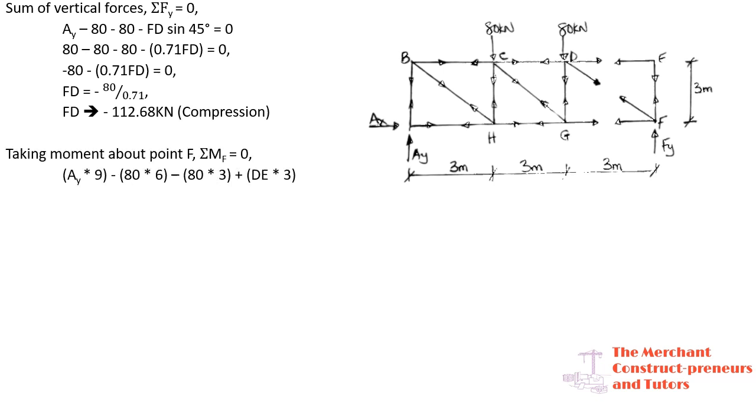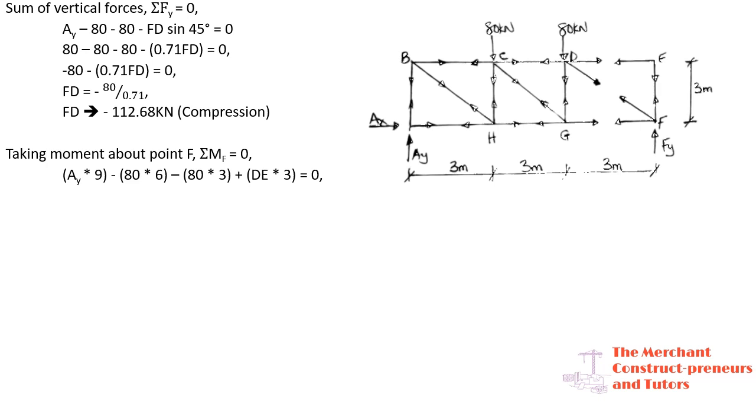So take moment about point F equals 0. So start from the front, AY times 9 minus 80 anticlockwise, minus 80 by 6 clockwise, minus 80 at point D by 3.